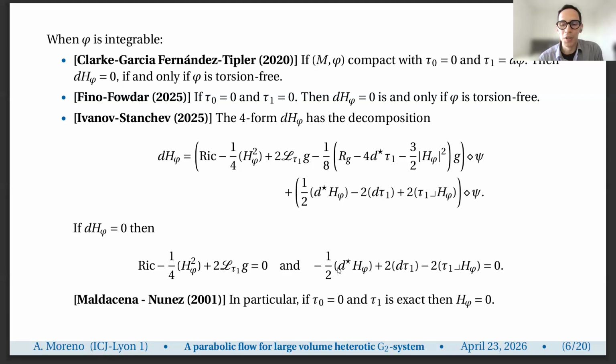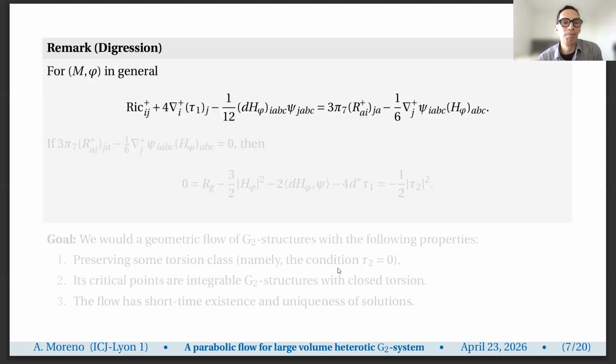So for instance, we would like to ask, if you don't have the integrable condition, what happens with dH phi and what happens with the 14-dimensional component.